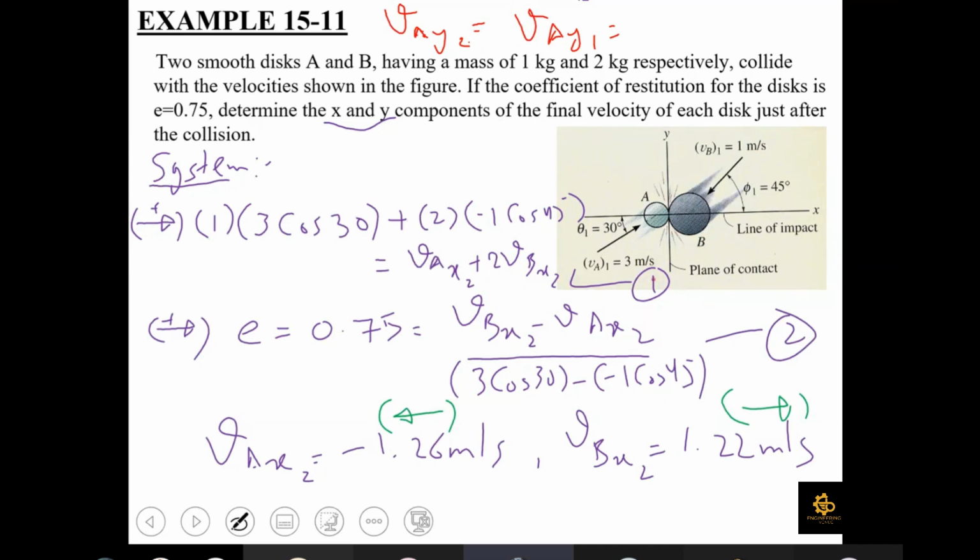Movement along plane of contact. Yes, since no impulse acts along the plane of contact, it means that there shouldn't be any change in its momentum along the plane of contact. That is, MAVAY2 should be equal to MAVAY1, or in other words, VAY2 should be equal to VAY1, which is 3 sine of 30 degrees. Okay?